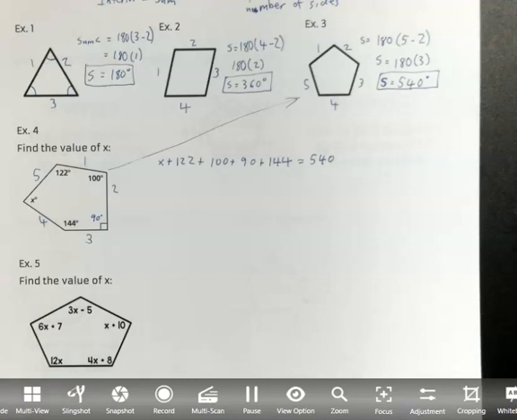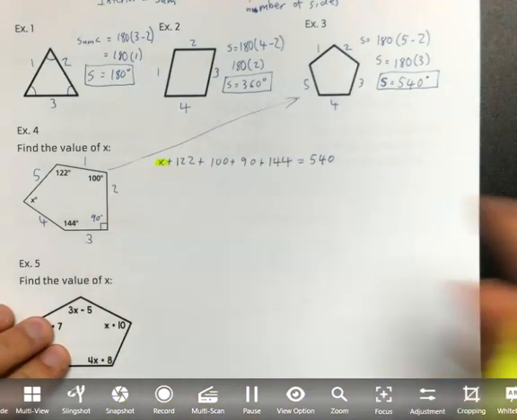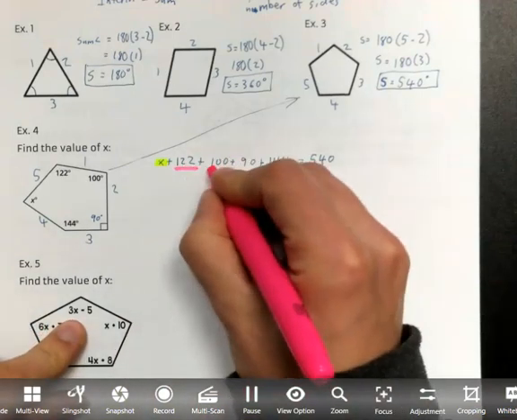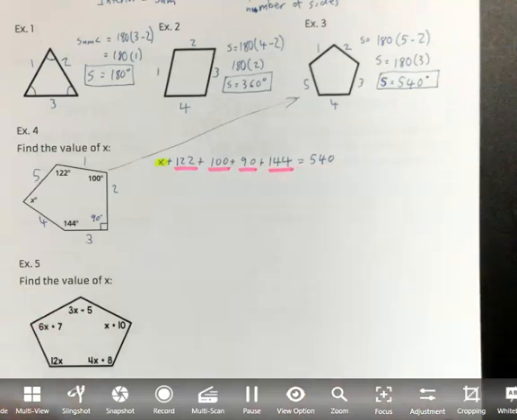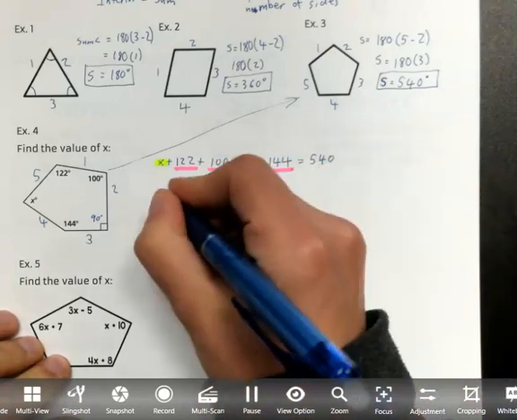Okay, so now what I need you guys to pay attention to is this term has an x, and then all of these terms over here have no x. So let's go ahead and combine our like terms. What we're going to do is add all of these pink ones in our calculator.